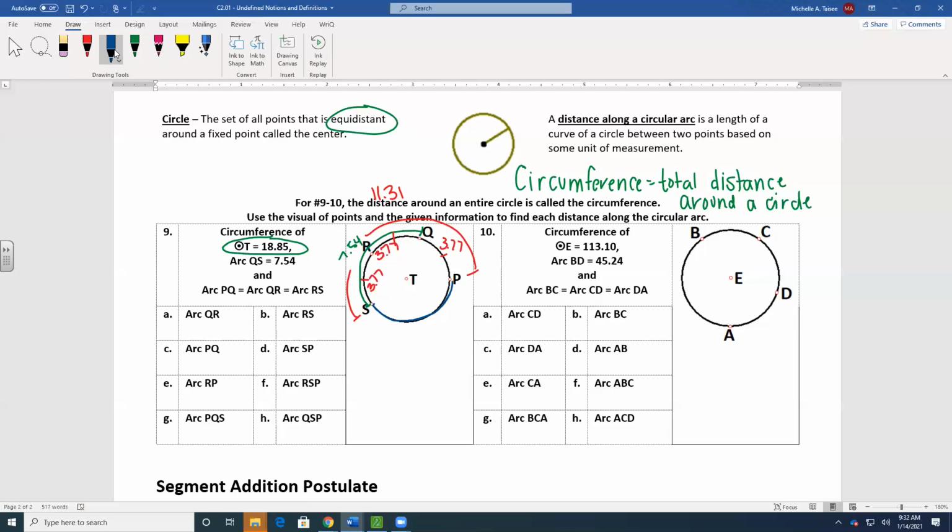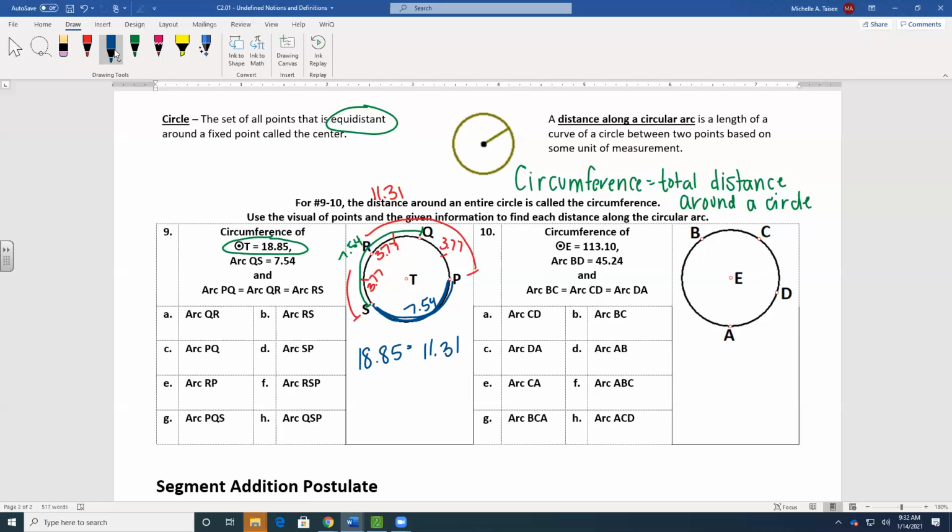So then how long is it from S to P down here? How could I find that out? Good. So the entire circumference, 18.85, minus this red, 11.31. So how long is that small distance S to P? 7.54. Right, so I just worked the circle, filled in all my information in the picture.